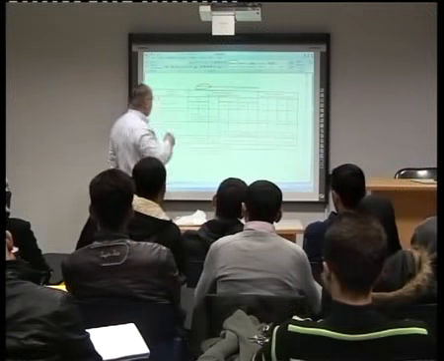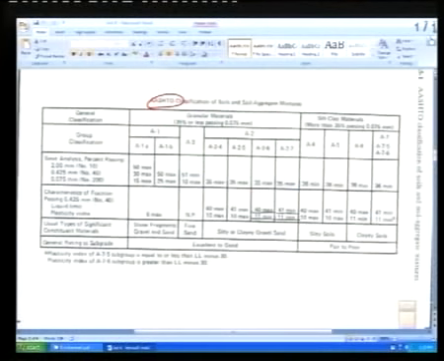I will end up with group classification A1, A2, A3, A4, A5. These are 7 groups, okay? Some of them have subgroups, okay? Now, how will I classify them? Based on sieve number 10, which has 2 millimeter opening, unless maybe you will forget, so they wrote it, okay?